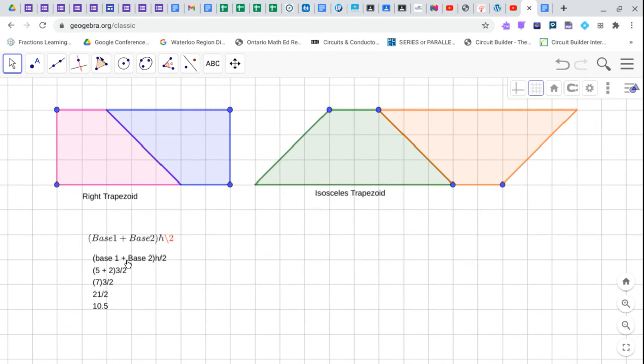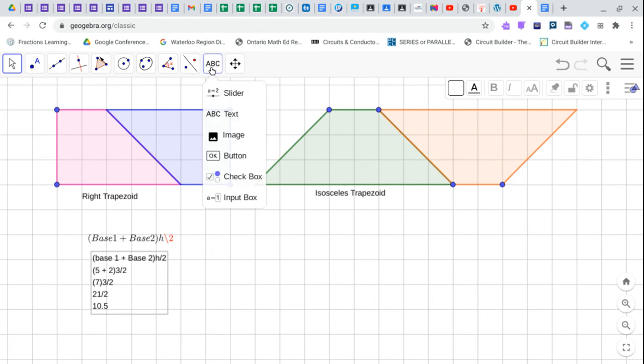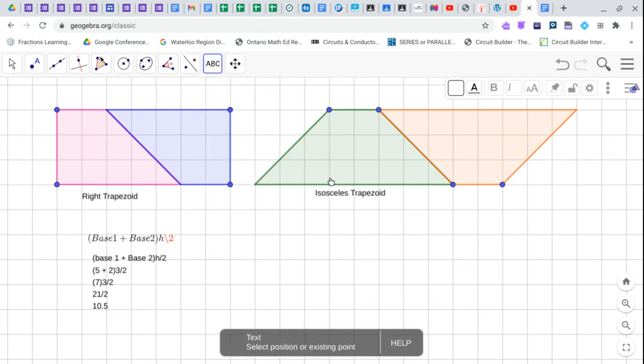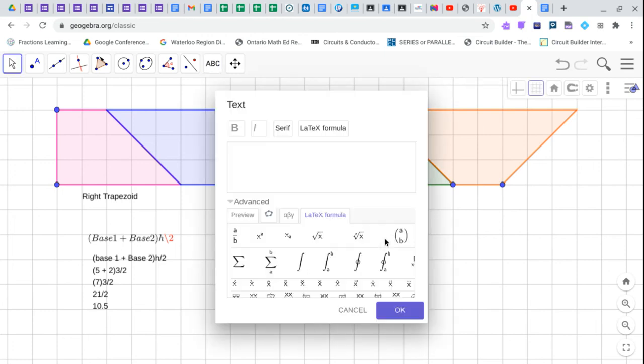And notice our formula right here, right? So we'll use it. Base 1 plus base 2 times the height divided by 2. So let's try it out. And again, I should be getting the area of this parallelogram should be 30, and the area of each of these trapezoids should be 15 when we do this. So here we go.